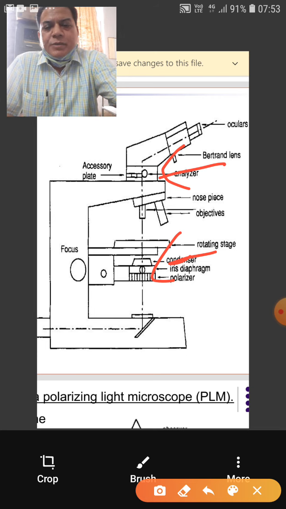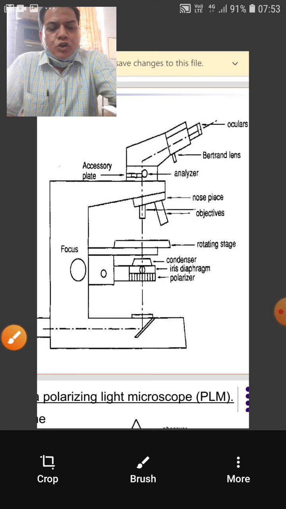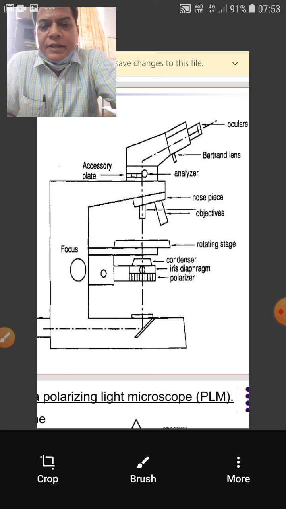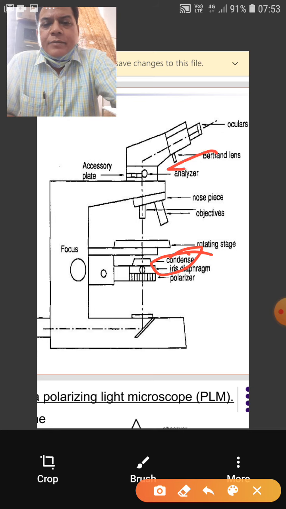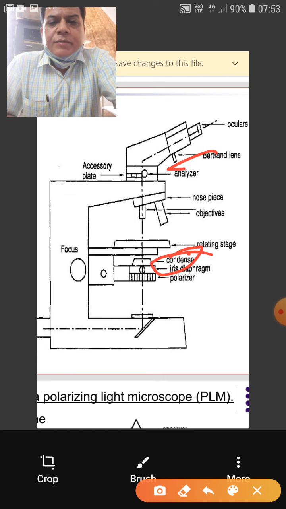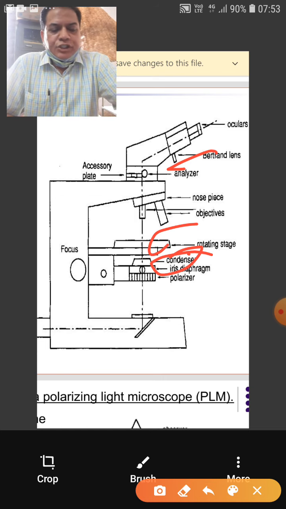And the third arrangement is the conoscopic arrangement. The first two are called the orthoscopic arrangement. The third is the conoscopic arrangement, in which the Bertrand lens, in addition to your analyzer and polarizer, is in position.